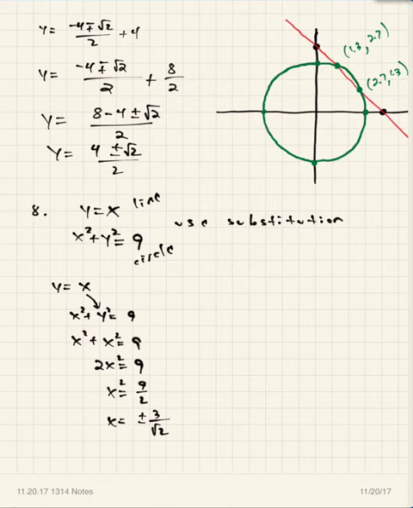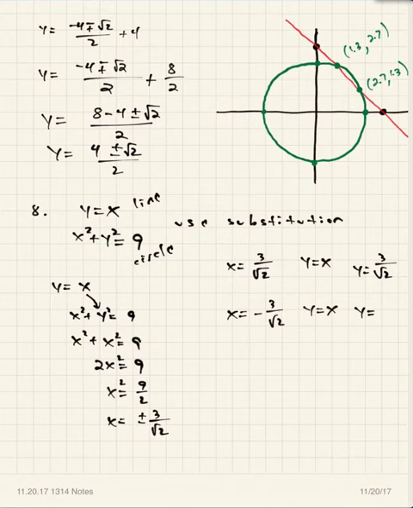And then I could use my equation y equals x. So if you have x equals positive 3 over the square root of 2, and you've got the equation y equals x, then what is y got to be? Well, y's got to be positive 3 over the square root of 2 also. And if x is negative 3 over the square root of 2, and you use the equation y equals x, you get y has got to be negative 3 over the square root of 2.